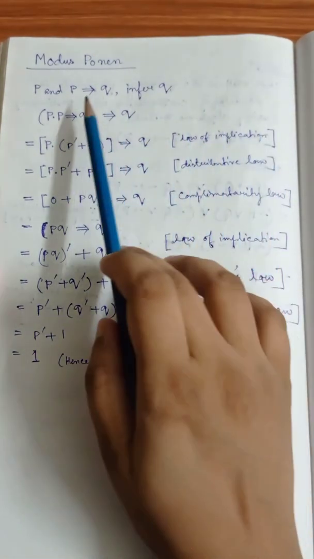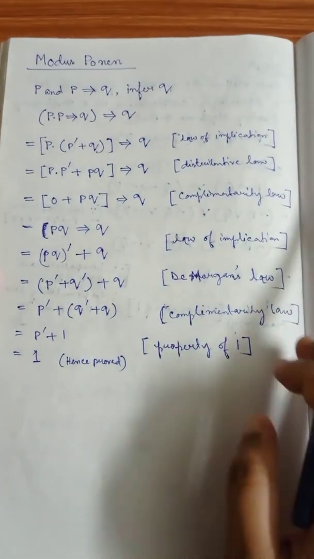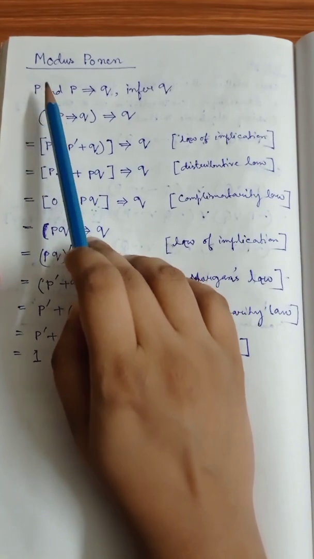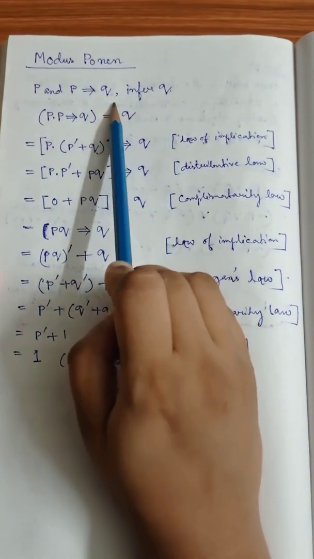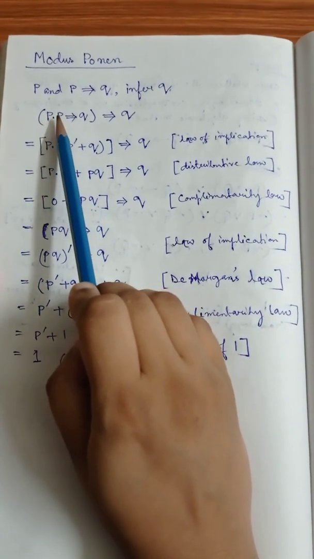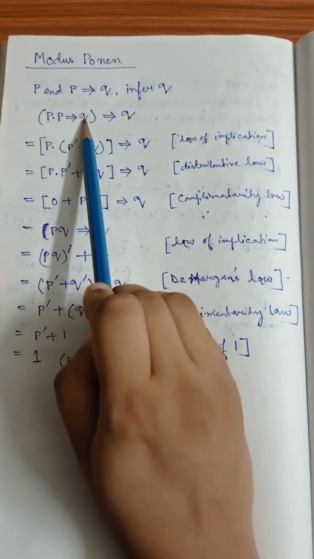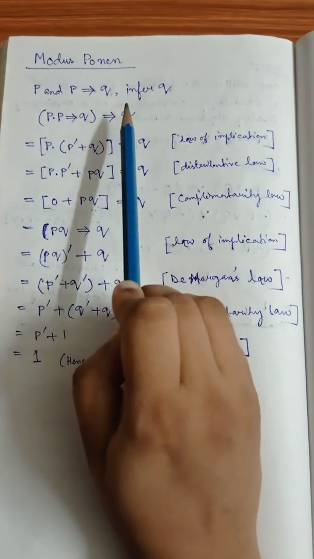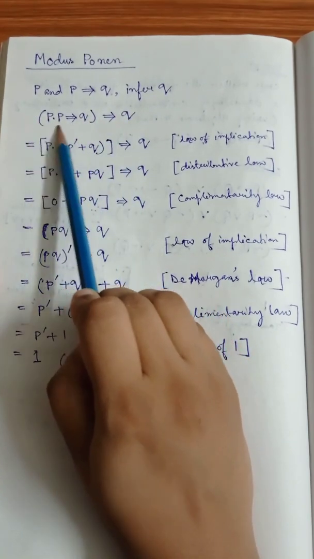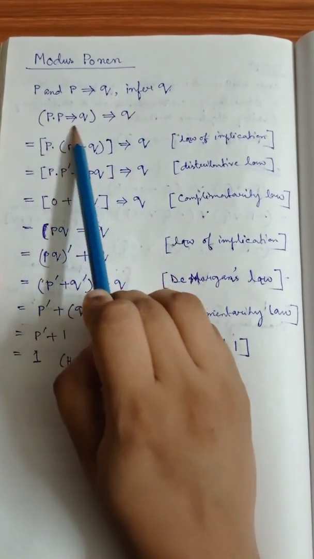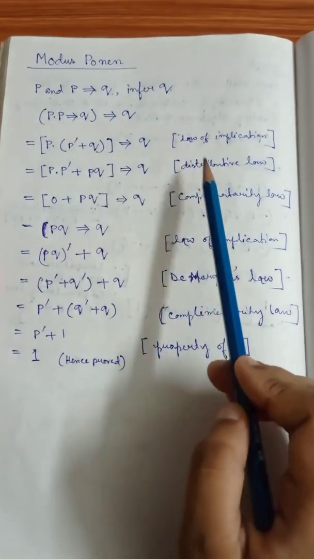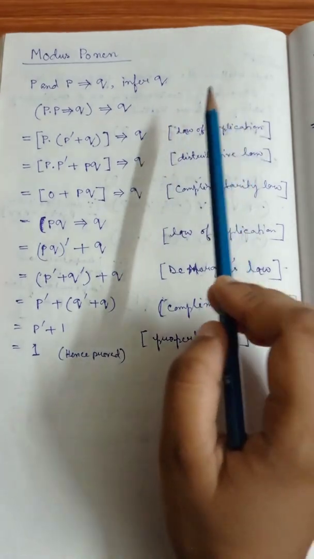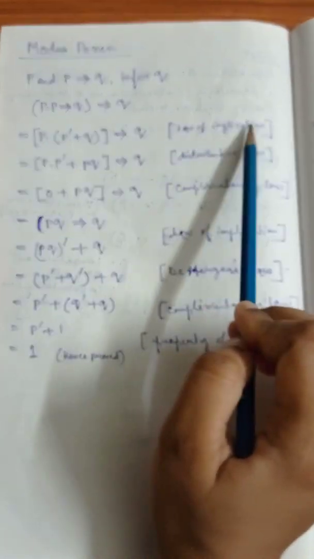Next topic is modus ponens rule. It states that P and P implies Q infers Q. It means P dot (P implies Q) implies Q. Now we check this using algebraic method. So first we use law of implication.